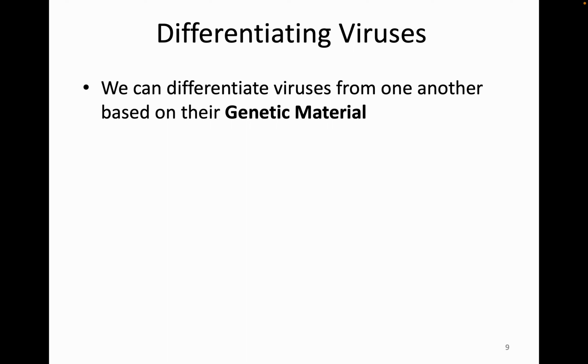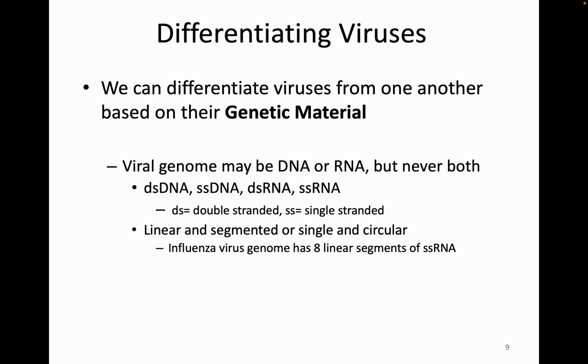So how do we differentiate viruses? Well, we can differentiate them from one another based on their genetic material. The viral genome may be DNA or RNA, but never both. So there can be double-stranded DNA, single-stranded DNA, double-stranded RNA, or single-stranded RNA. Their genomes can be linear and segmented, or single and circular.